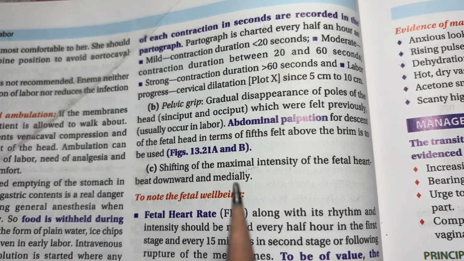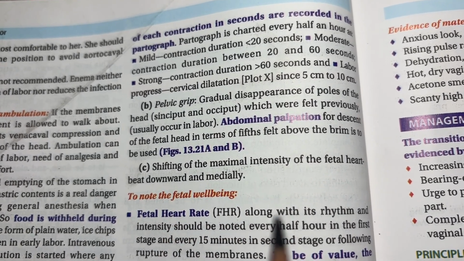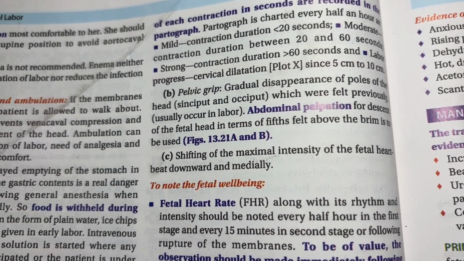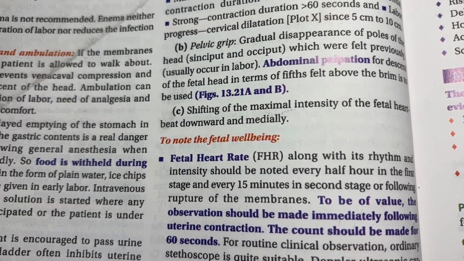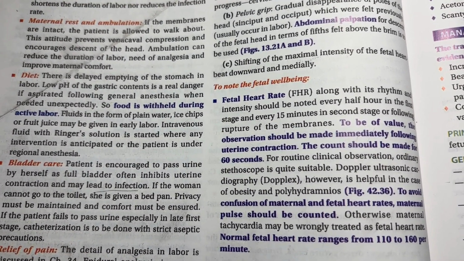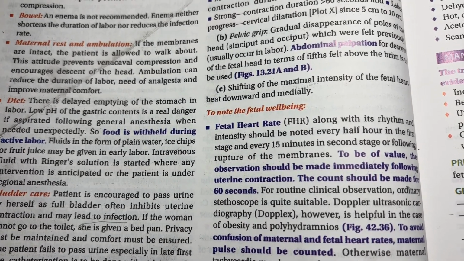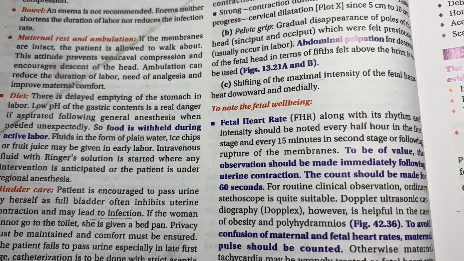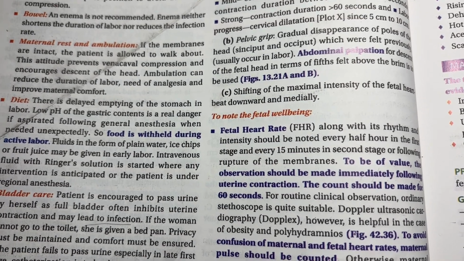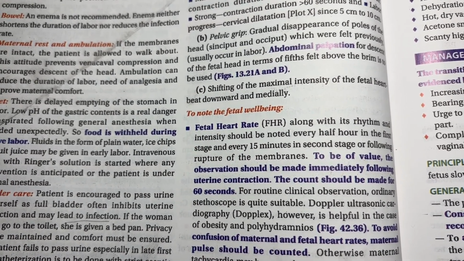The maximal intensity of the fetal heartbeat shifts downward and medially. So we have to note the fetal well-being, whether the fetus is in good condition or not. In fetal well-being, what we have to note is the fetal heart rate. We have to record the fetal heart rate.